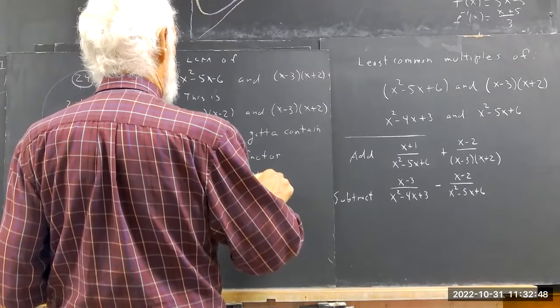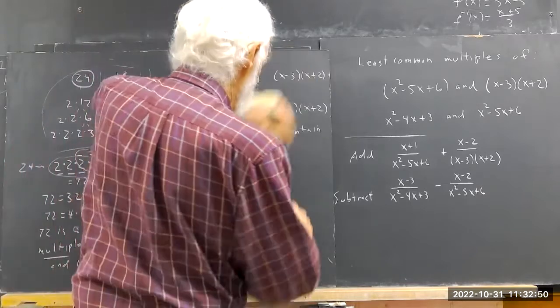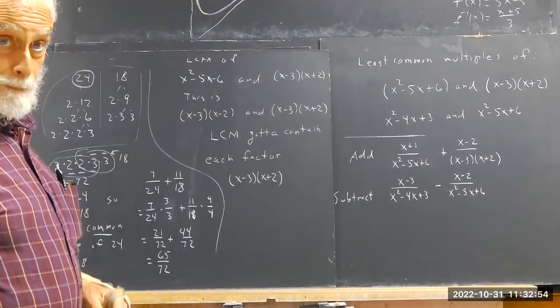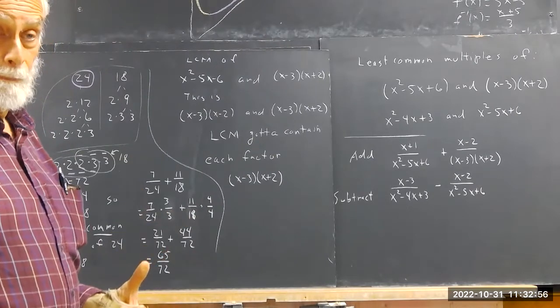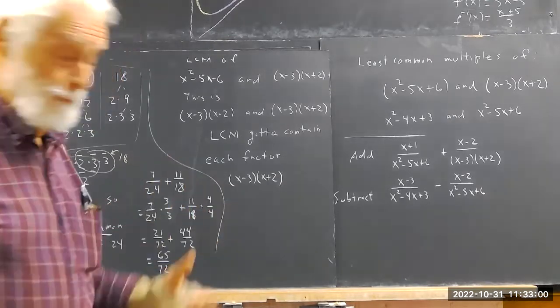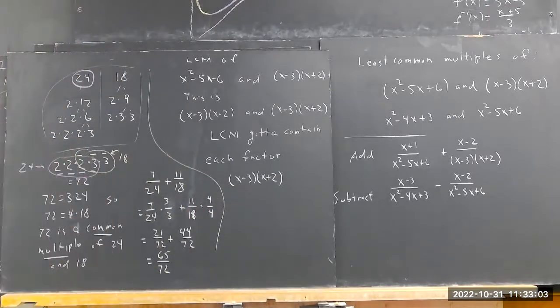That means it's certainly got to contain both of these factors, x minus 3 and x plus 2. Okay. What else does it have to contain? What are we missing? See if you can answer. See if you can write that down.